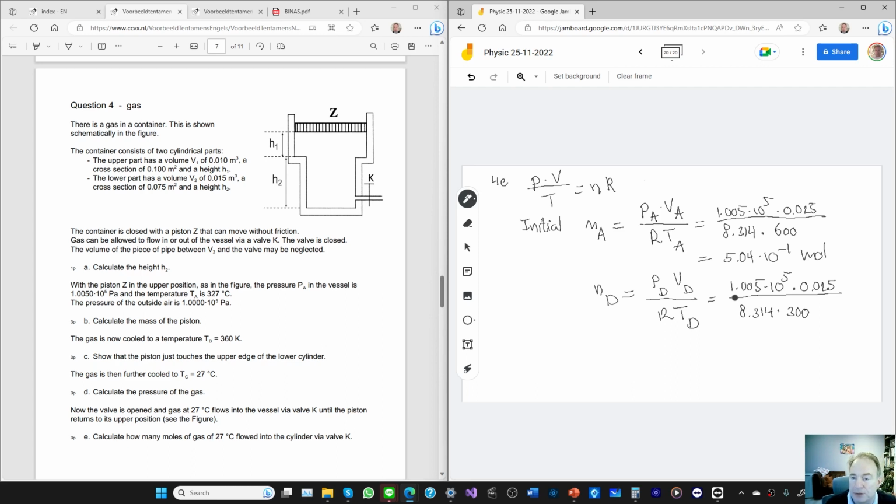Now, at a lower temperature, more moles of material actually fit in, at the same pressure and the same volume. Let's see then how much this is.